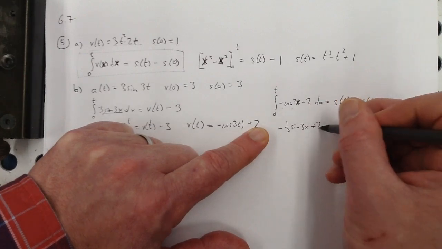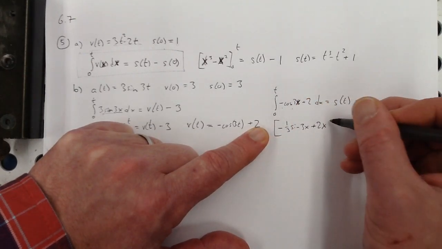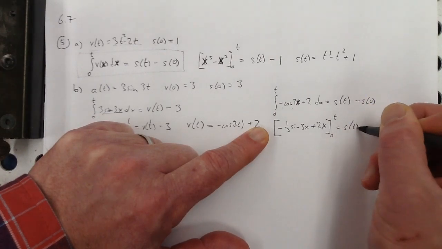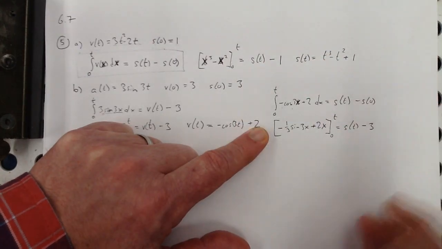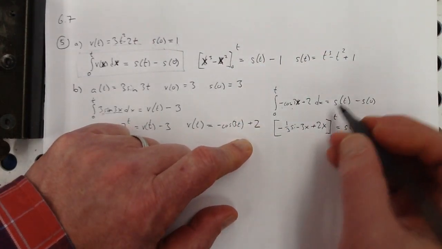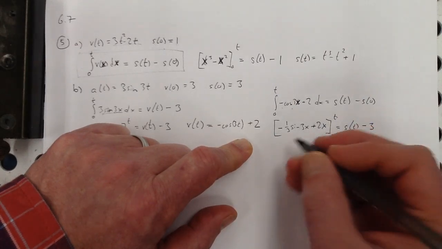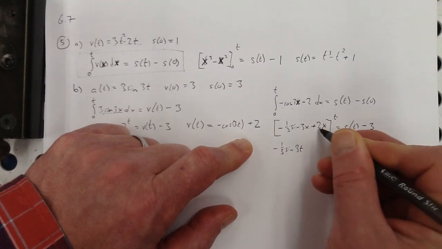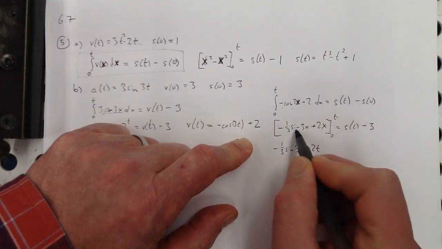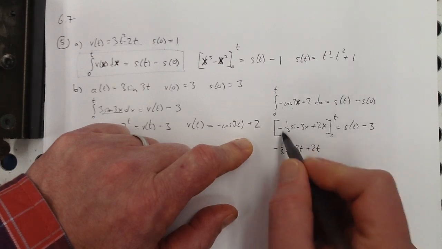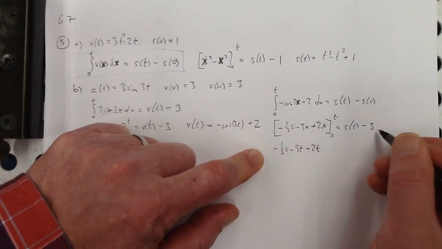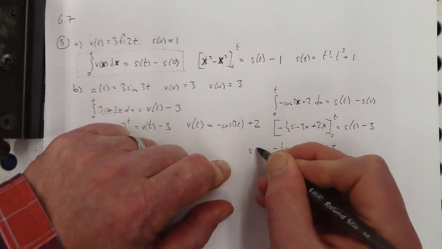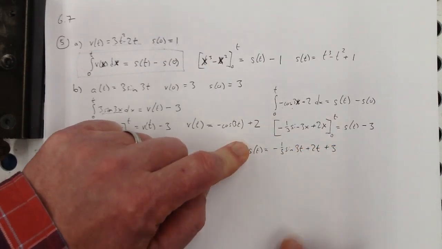The antiderivative of 2 is 2x. So it looks like I got negative 1/3 sine 3t plus 2t. Now the sine of 0 is just 0, so plugging the 0 in here, everything goes away, and then plus that 3 over there again, and that is my position function.